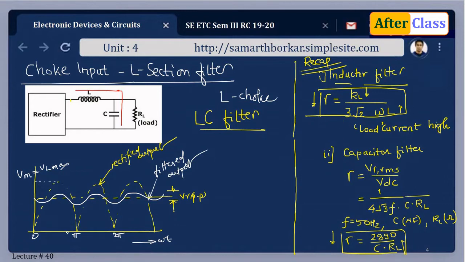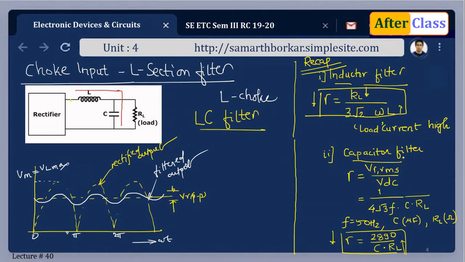So in a single statement, the ripple factor is directly proportional to RL in case of inductor filter, and inversely proportional to RL in case of capacitor filter. Therefore, if these two filters are combined as an LC filter or L section filter, as shown in this circuit diagram, the ripple factor will be independent of RL.